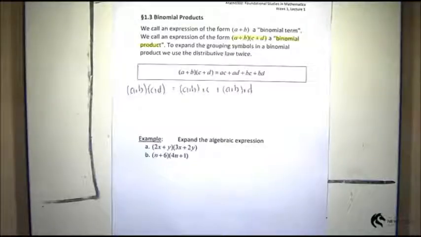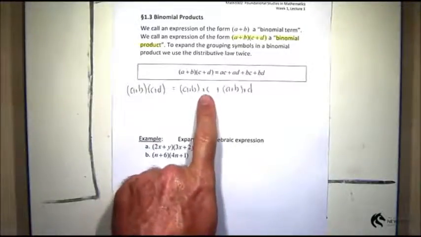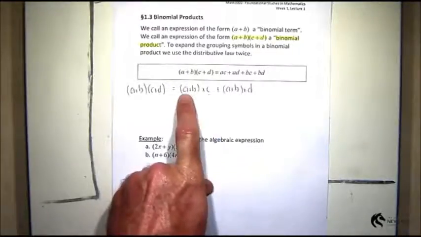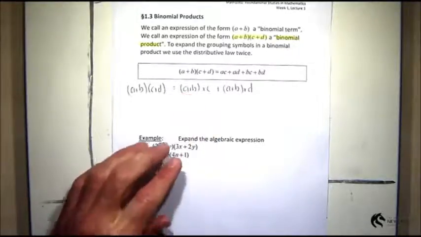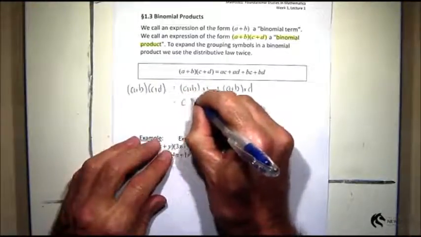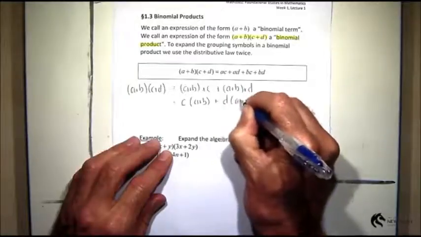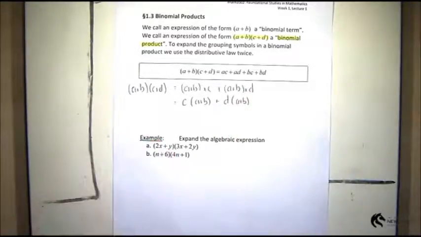So that's my first step. Now in here, we know it doesn't make any difference whether I multiply A plus B by C or C by A plus B. I can reverse that order, so I will. I'll say that's C times A plus B, and likewise I'm going to write that as D times A plus B. Doesn't matter which order.